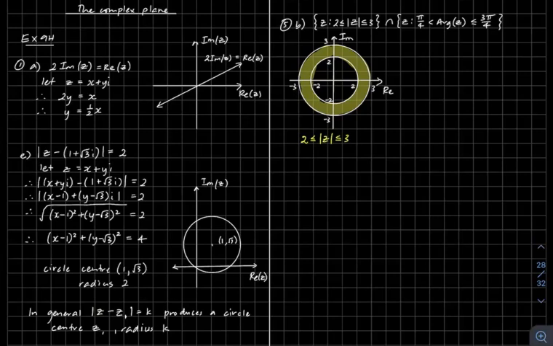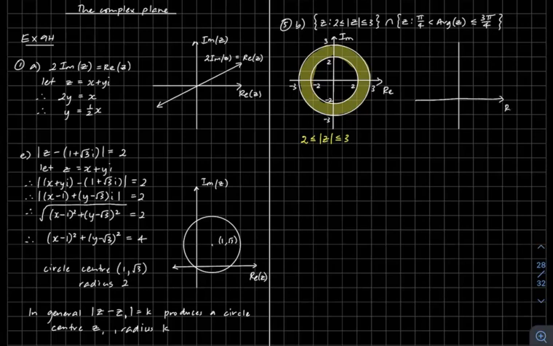Alright, what about our other one over here? So we want all complex numbers whose argument is greater than pi on 4, but less than or equal to 3 pi on 4. Alright, well, I don't think that one's too tricky, is it? Let's think about all complex numbers which satisfy those conditions there.